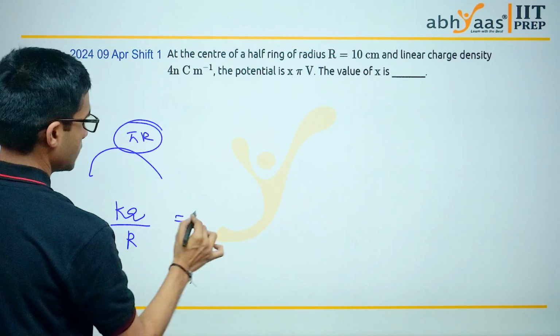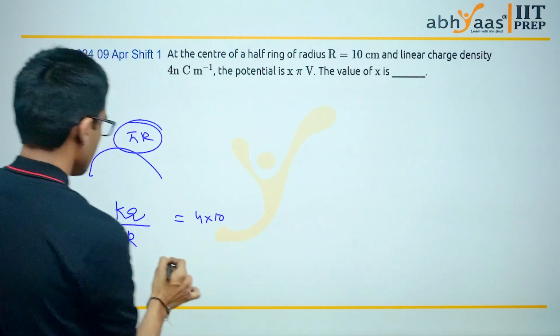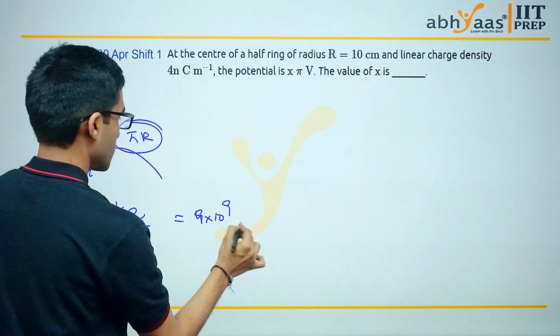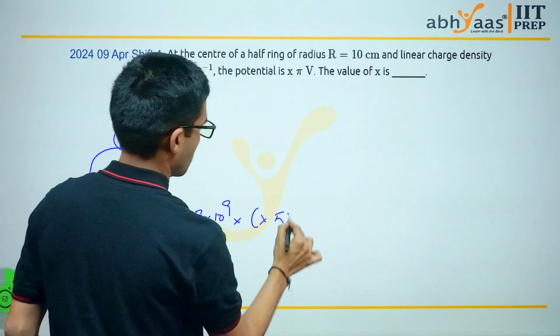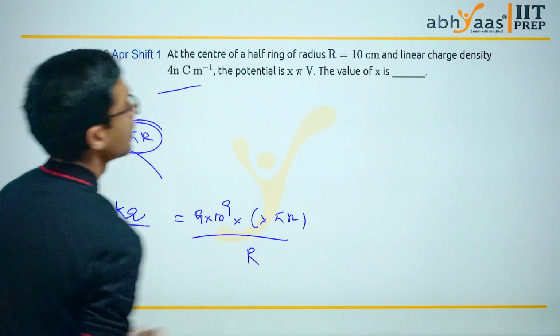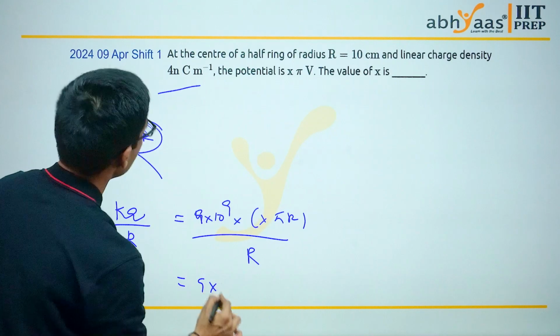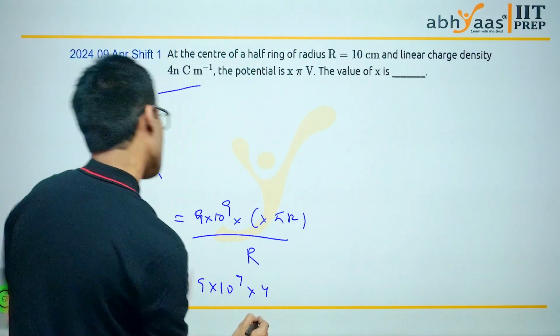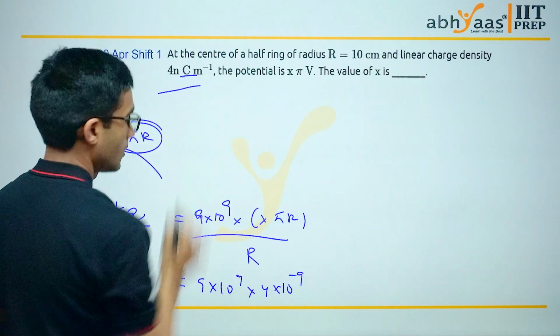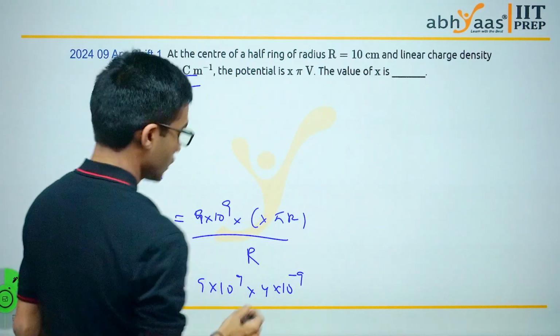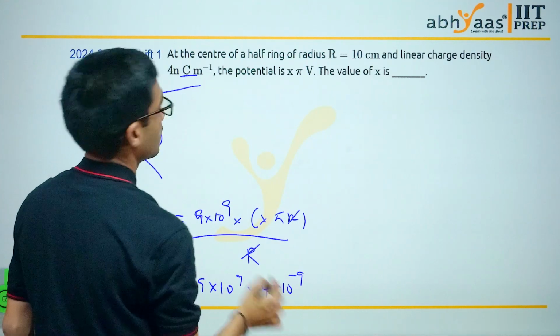What is k? K is 9 into 10 power 9. Q you need to change, lambda pi r by r. What is lambda? 4 into 10 power minus 9 nano coulomb per centimeter. The radius is also in centimeters, so r gets cancelled.